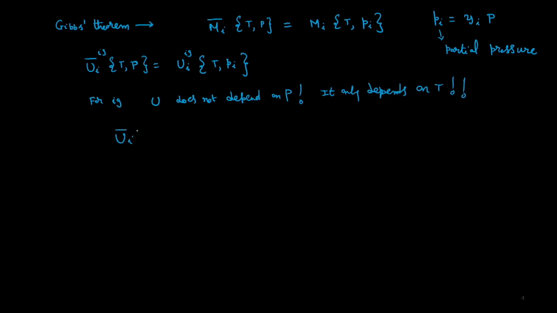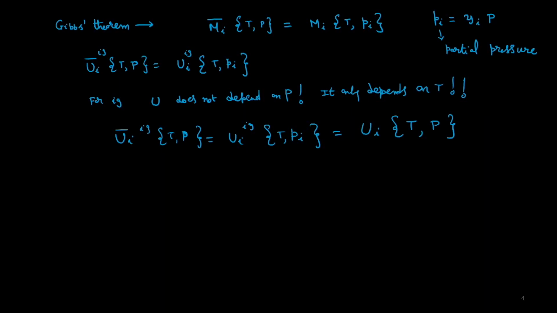So Ui bar IG at T and P is Ui IG at T and Pi according to the Gibbs theorem, and this is the same as Ui at T and P because it is independent of the pressure.